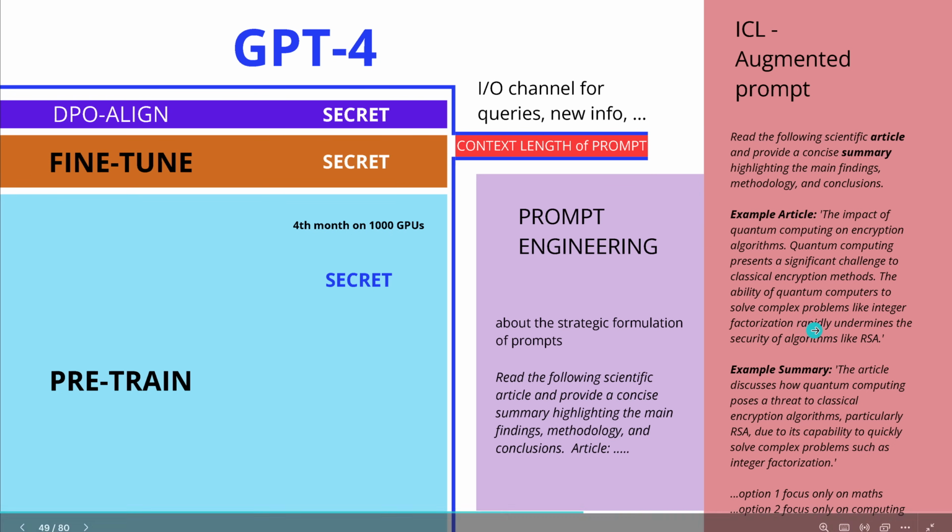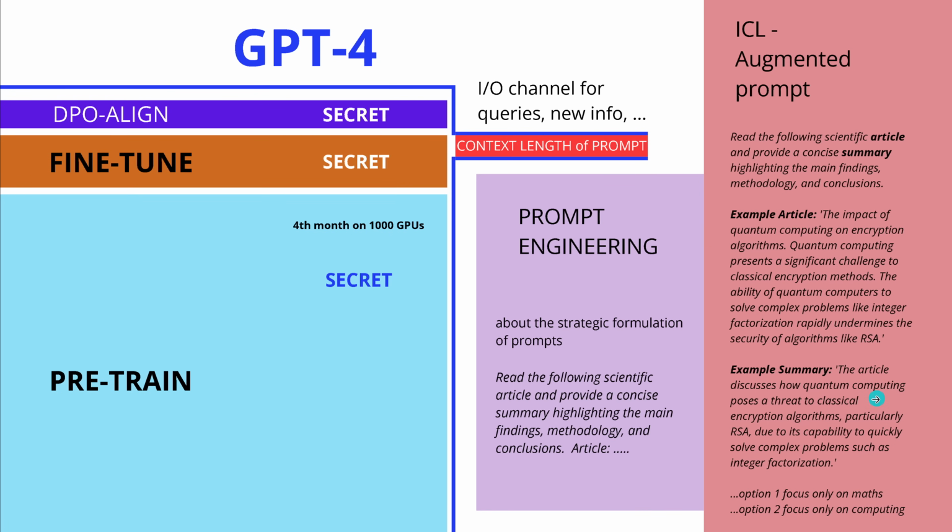Or you have a recipe and you say, just give me how many grams of each element of the recipe I need, just extract this information. So here you prime the behavior of the output of the system.